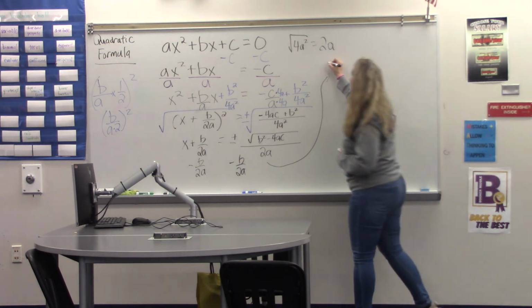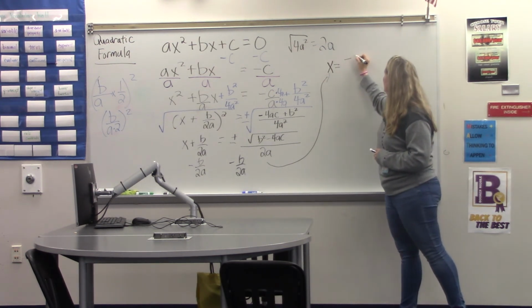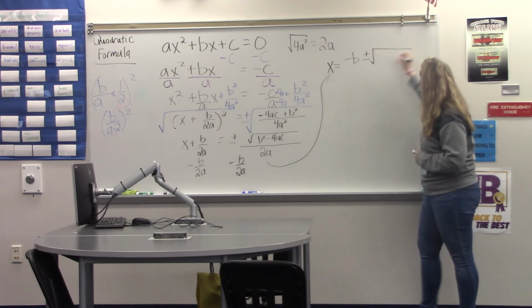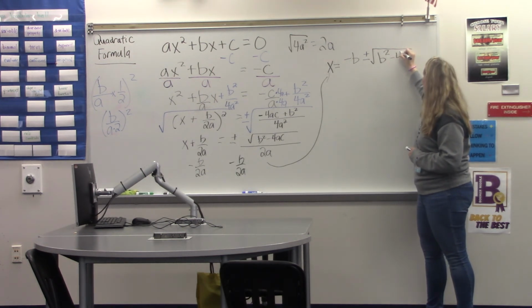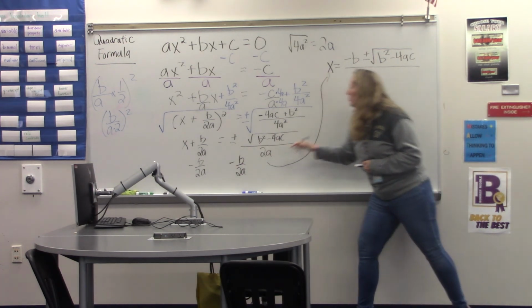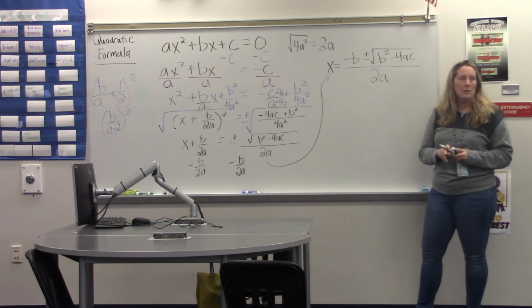Okay? X is going to be equal to negative b plus or minus the square root of b squared minus 4ac all over, because I can combine these two since they have the same denominator, all over 2a.